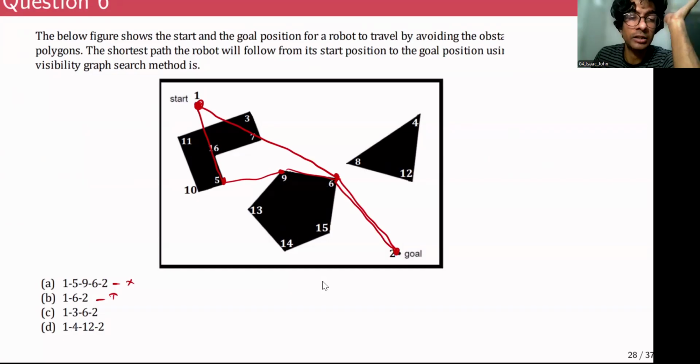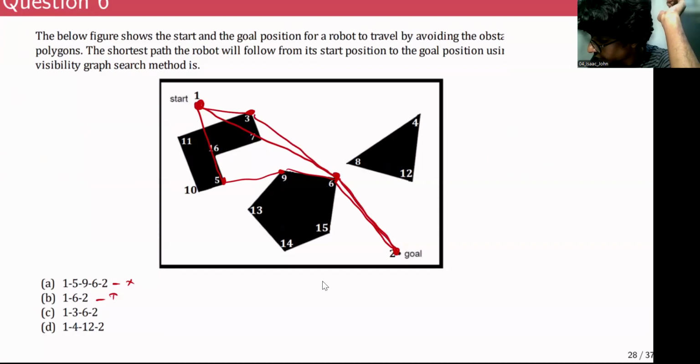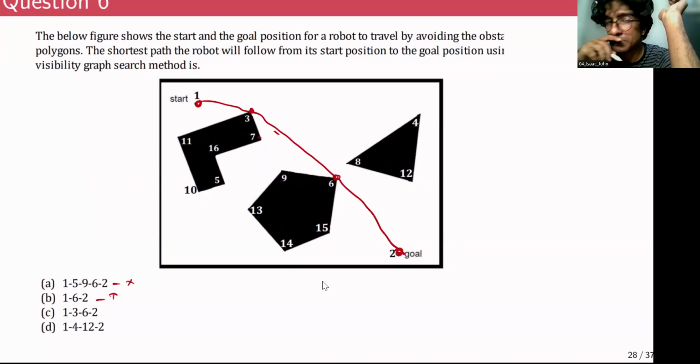The third path is 1, 3, 6, 2. So 1, then you have 3, then 6, then 2. I'll just redraw it more clearly. So 1, 3, 6, 2. That seems more like it.